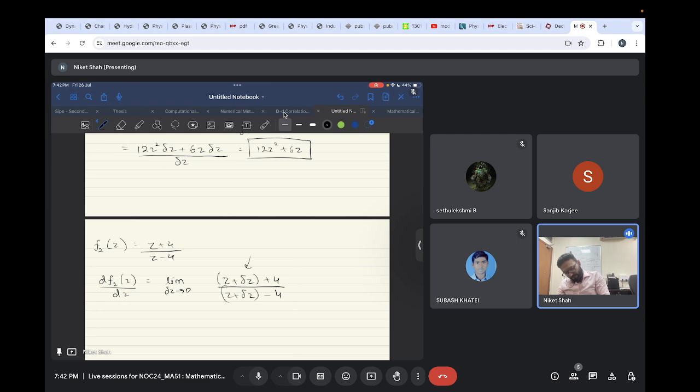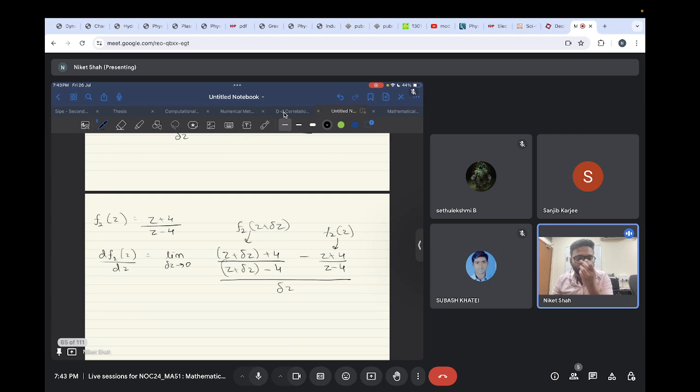So this is just f2 of z plus delta z. And here I have to write f2 of z, which is z plus 4 divided by z minus 4. And this whole divided by delta z.